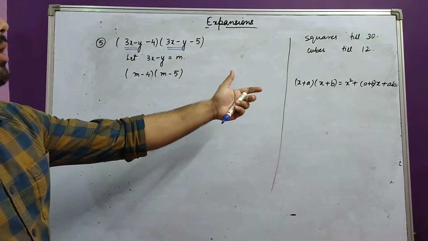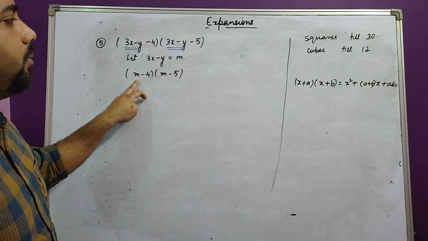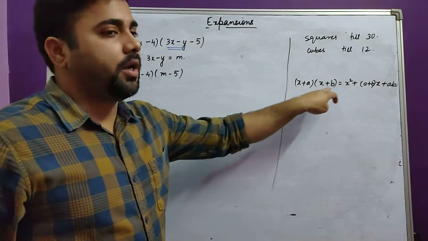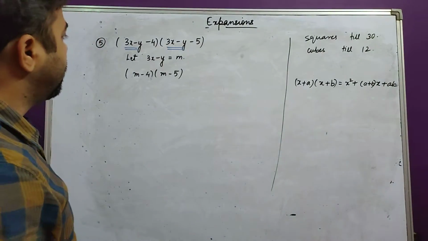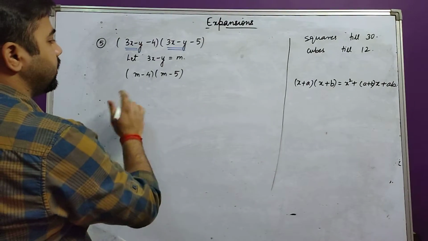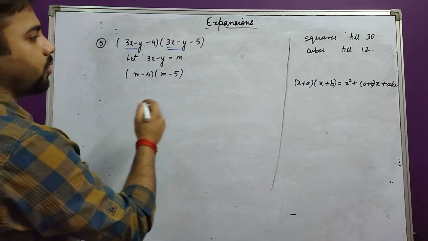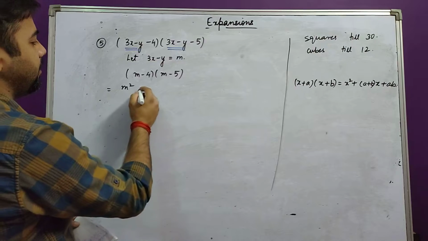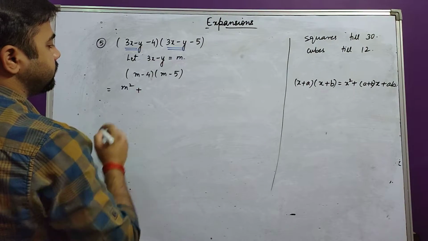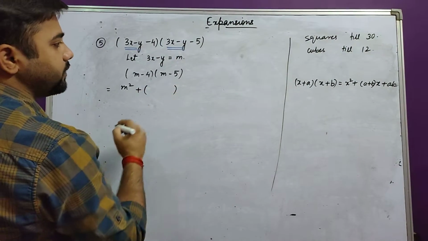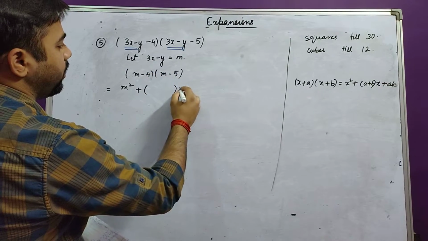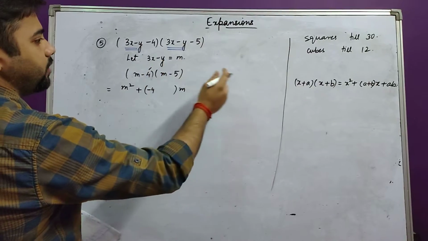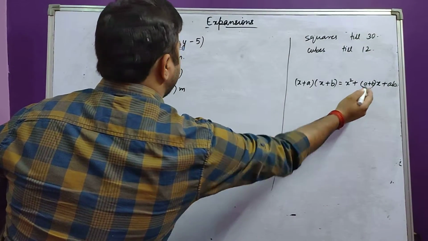We can use this formula because it is x, that is the variable, plus a number. Now, according to the formula, let us use it. m square plus within a bracket the numbers over here.